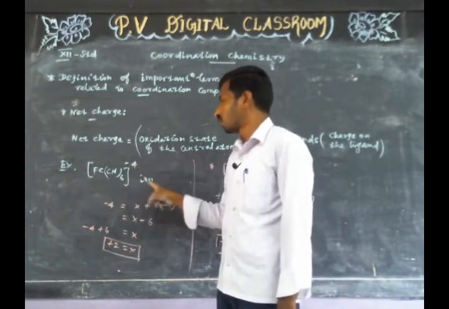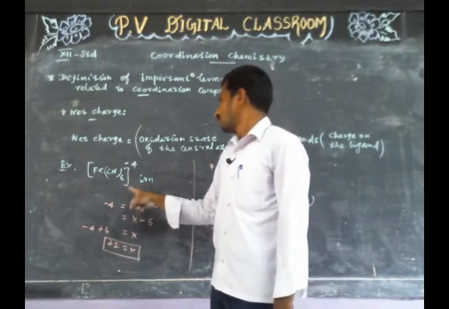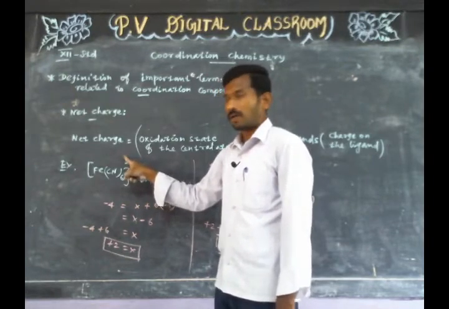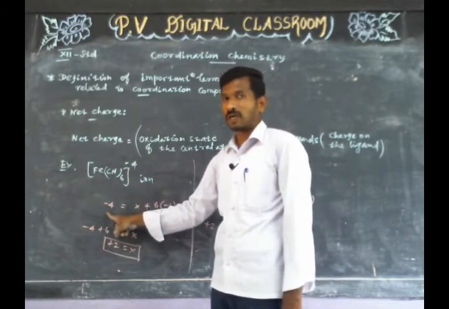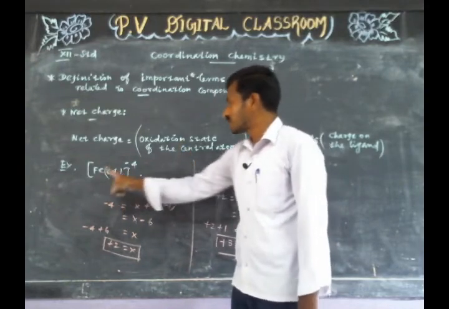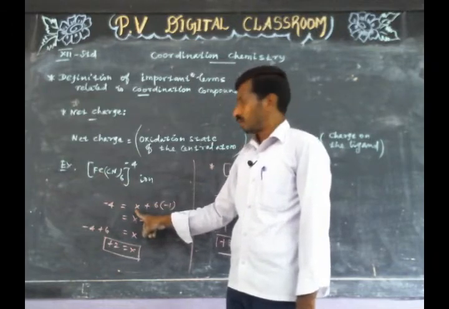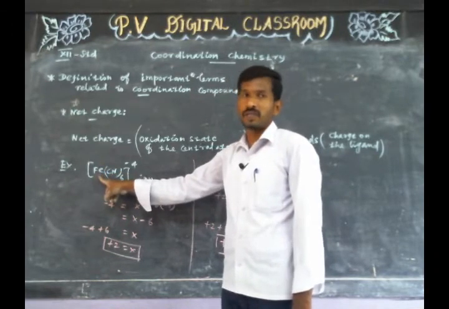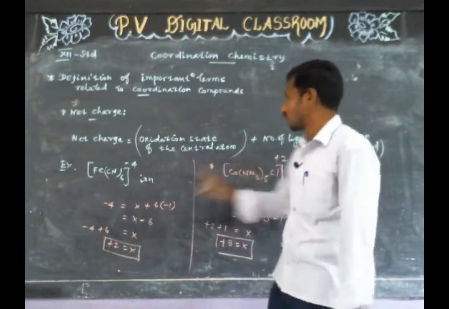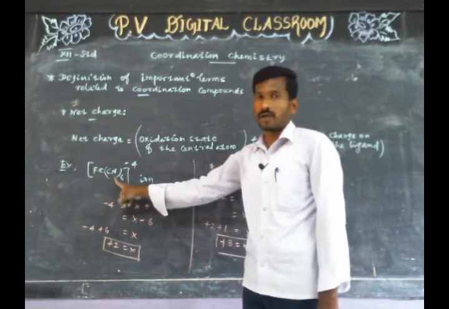Example, [Fe(CN)6]^-4 ion. In this compound, the net charge on the complex is -4, which is equal to the oxidation state of the central atom, in this case X, because the oxidation state of the central atom in this compound is unknown, plus the number of ligands in this compound, which is 6, times the charge on the ligand, in this case -1.